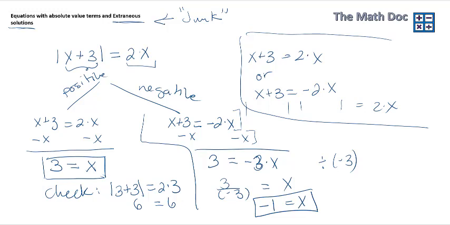Okay, does that solve it? Well, if we look at this solution, the first thing we see is that if x is negative, then the right-hand side of our equation is negative. It's negative 2, right? 2 times negative 1 is just negative 2. But we're looking at absolute value here, which has to be either 0 or positive.